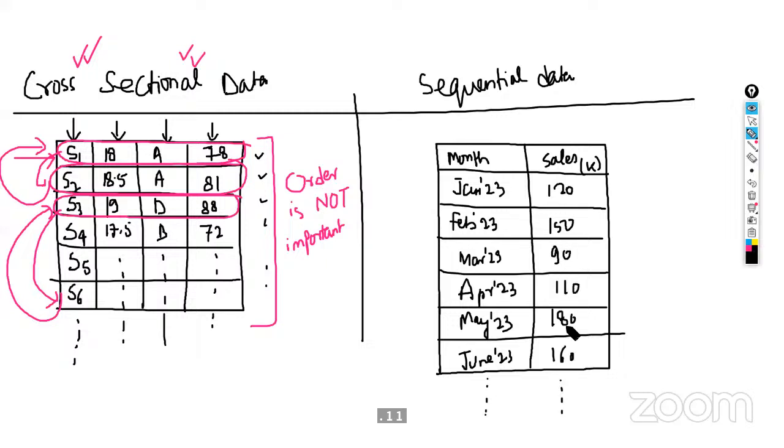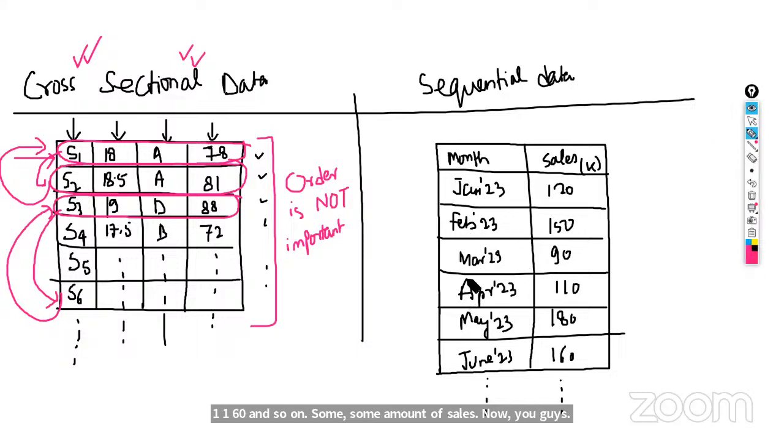Now, if I ask you, can I shuffle the records in this case? Can I get the sales for Feb before Jan, or the sales for Jan after April? No, right?